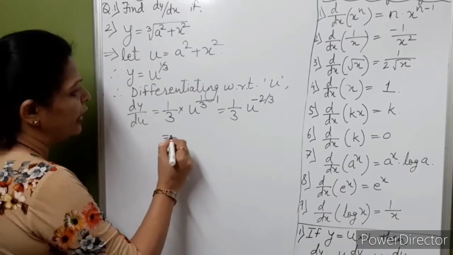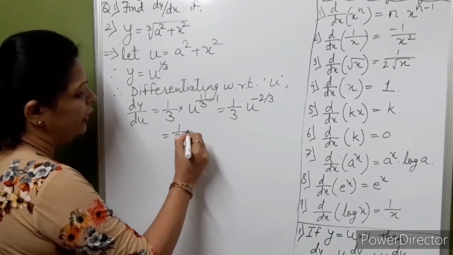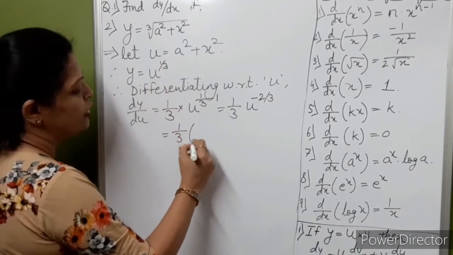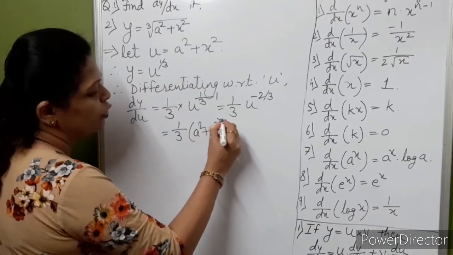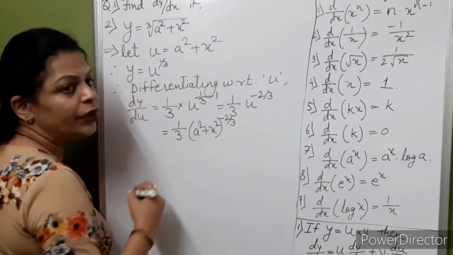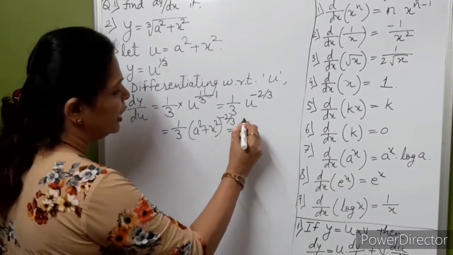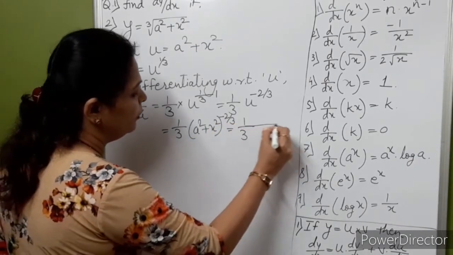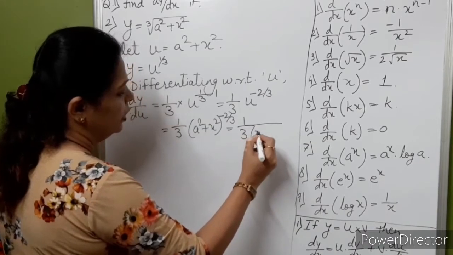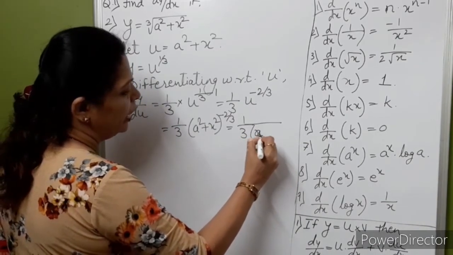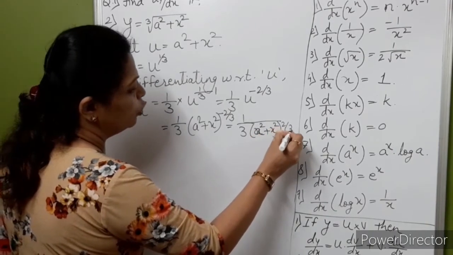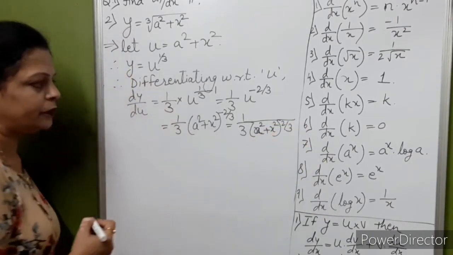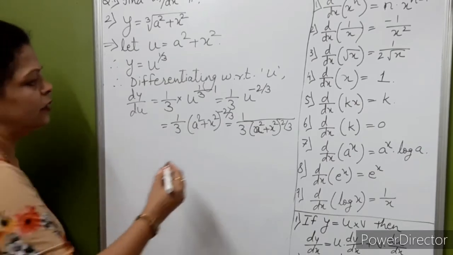So resubstitute the value: 1 upon 3, your u is a square plus x square, raised to minus 2 by 3. So this can be written as 1 upon 3 into 1 upon a square plus x square raised to 2 by 3. Getting? This is your first.